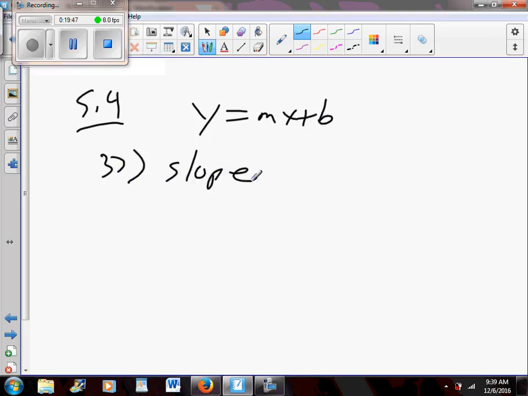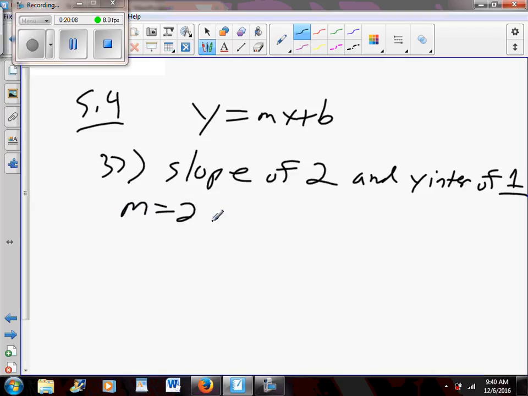we are told that you've got a line with a slope of 2 and the y-intercept of 1. Okay? Now what you've got to do is write the equation in slope-intercept form. If this is what you're looking at, this is easy. The slope you're told is 2, right?